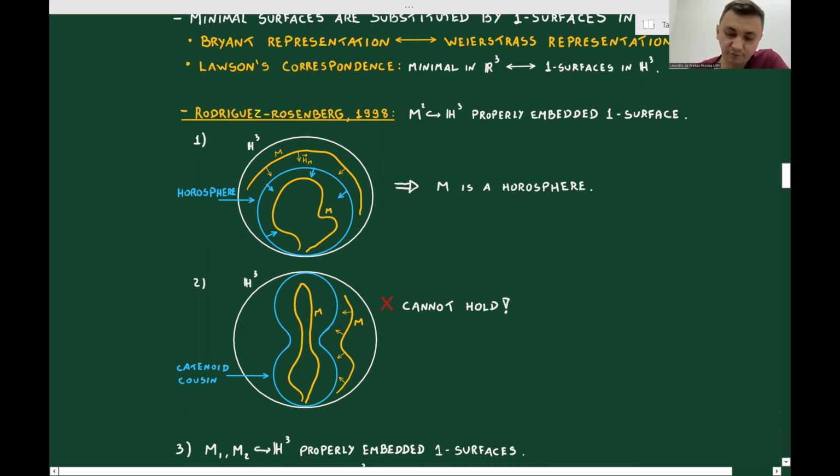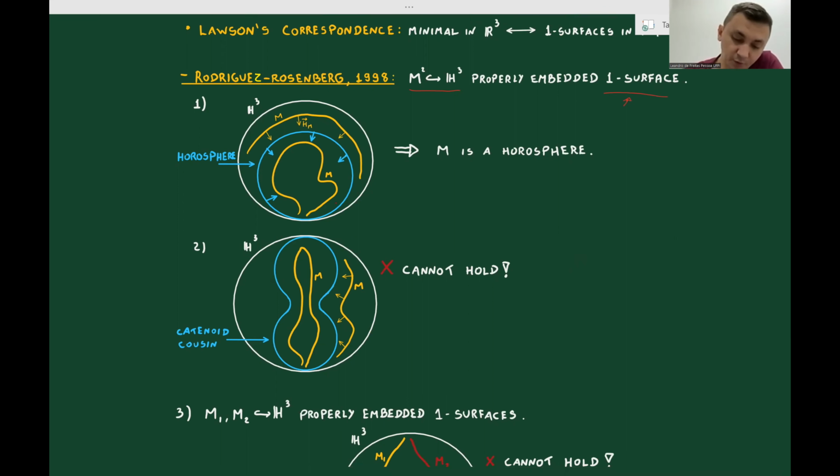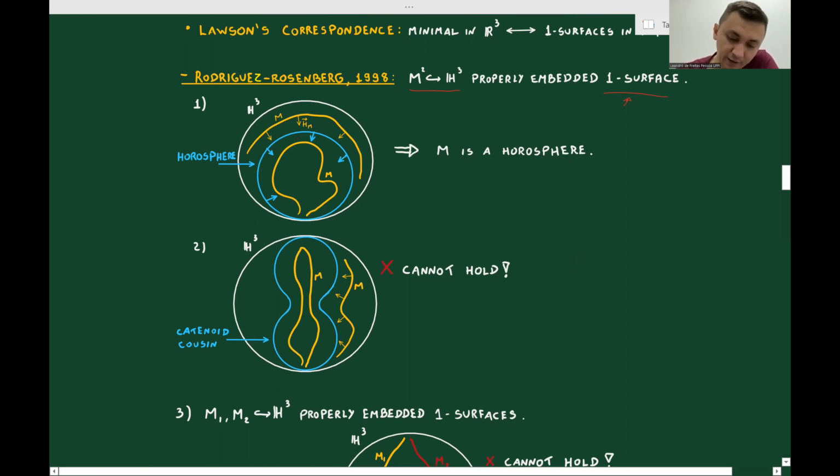So first, we just think about M, the surface, properly embedded in the hyperbolic space. And we assume M has constant mean curvature equal to 1. So the first result, which I just summarized here in the picture, is that if we consider a horosphere, which is also a CMC-1 surface, we cannot have M lying in the mean convex component defined by the horosphere.